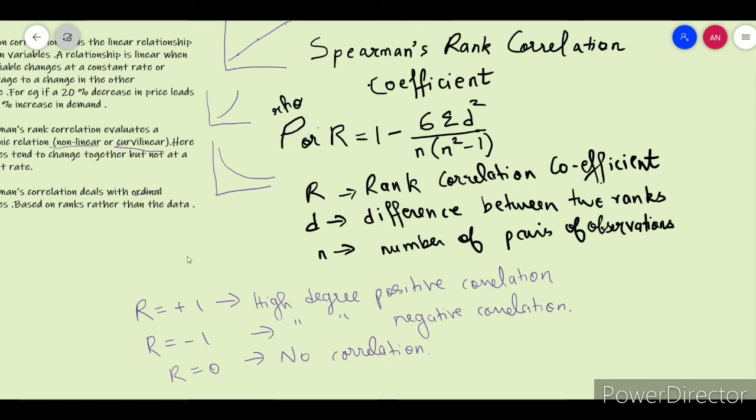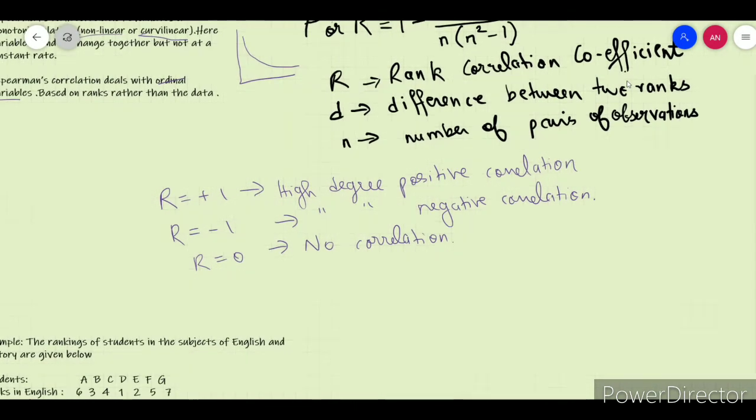If you remember, correlation gives us a measure of the strength and the degree, and in practice R does not take values equal to +1 or -1. It is usually values in between. If R takes values closer to +1, we call that a high degree positive correlation, usually if it takes values from 0.8 to 1.